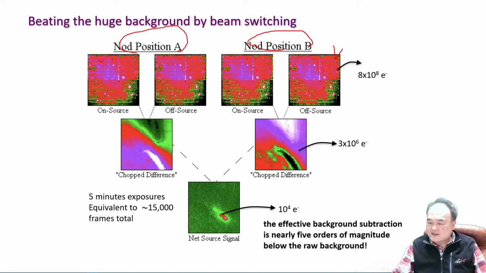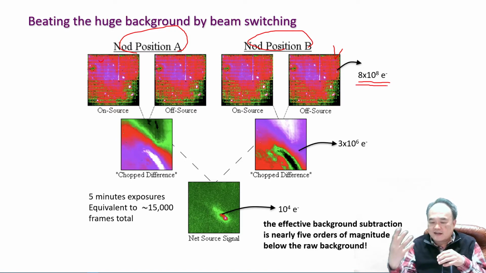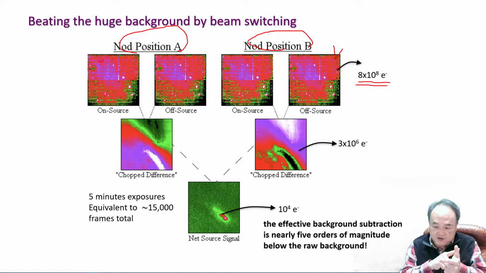In this individual chop image, the background sky is so bright. The background includes the emission from the sky, the telescope, the surroundings, and any of the environment. In this single chop image, the recorded intensity is almost 800 million electrons.